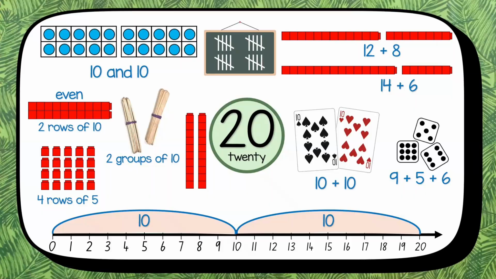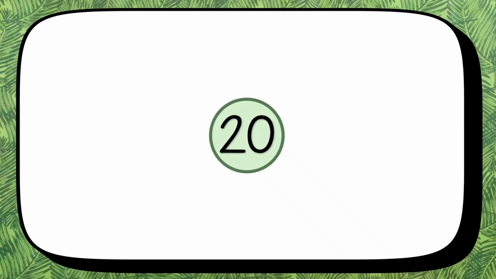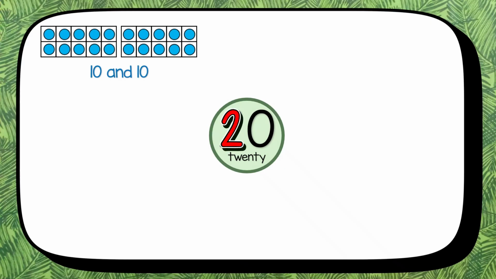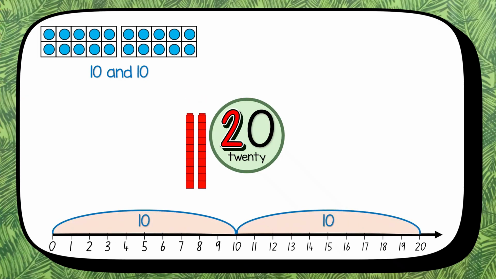As you can see, numbers are much more than just numerals on a number line. We know that the numeral 20 represents 2 tens. Here are the 2 tens, and here, and here, and here, all showing 20.